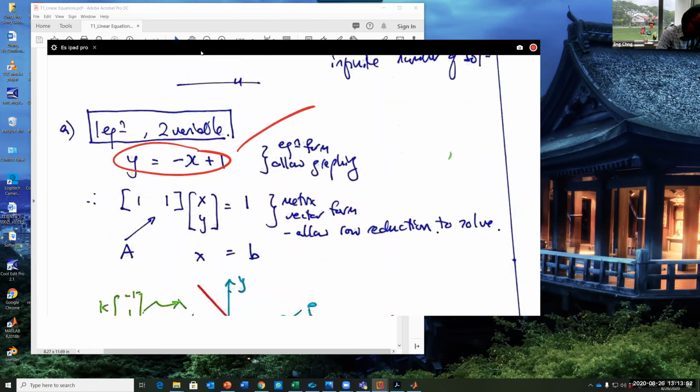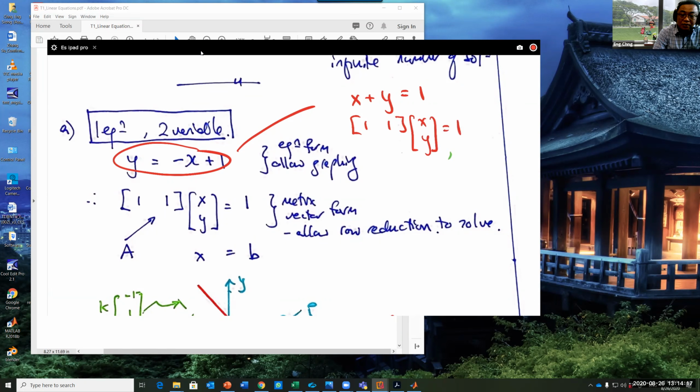So I want to put the variables on the left-hand side. So I do x plus y equals 1. So everybody with me. We then want to write it in matrix form, matrix vector multiplication form. [1, 1] times [x, y] equals 1.